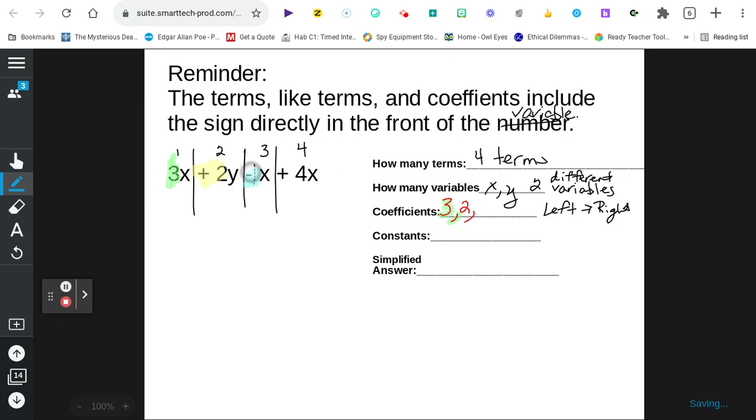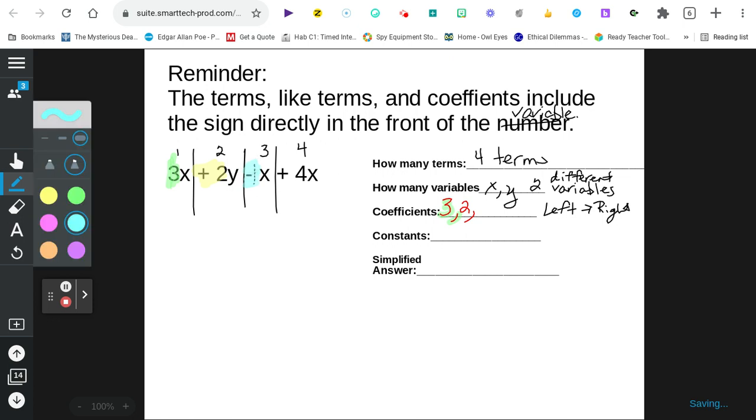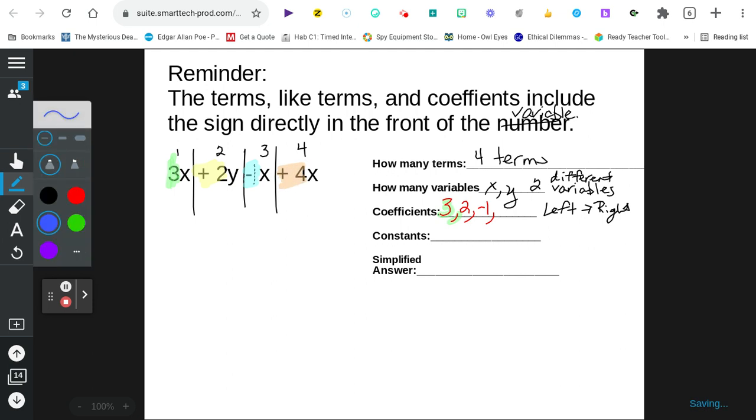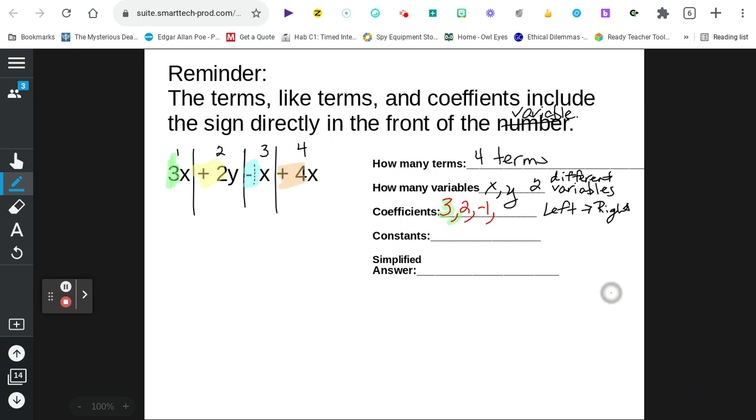The coefficient of the third term is a negative 1. And of course, the coefficient of the fourth term is positive 4. So those are my coefficients in order from left to right.